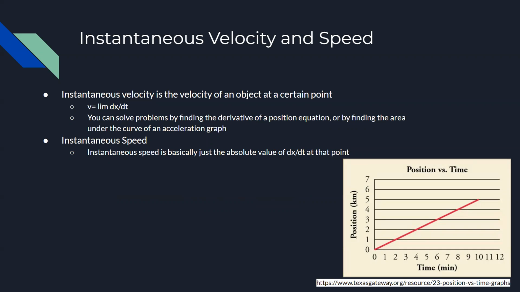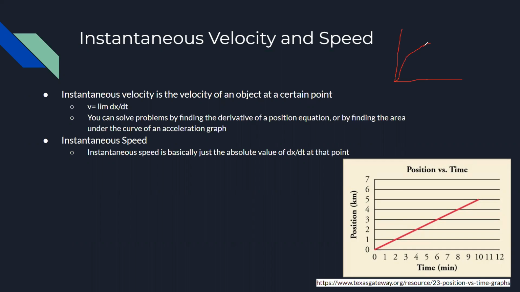Now, instantaneous velocity and speed. Instead of finding the average velocity and speed over a long interval, let's create a graph like this.